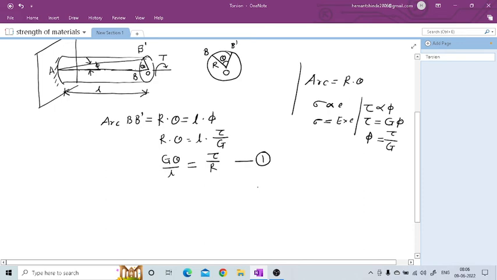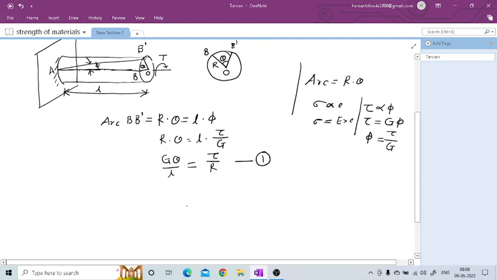Now as we have talked, in the cross section the stresses generated are shear stresses. So here we can see this is the maximum shear stress which is obtained at maximum radius. So if you consider the outer portion here, then here will be the maximum stress.